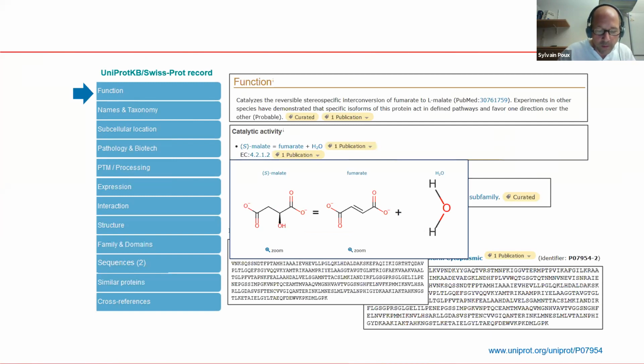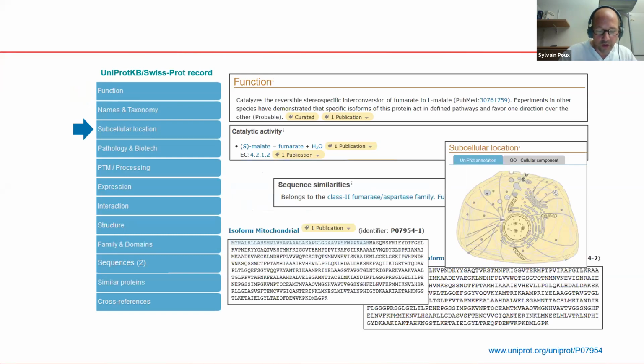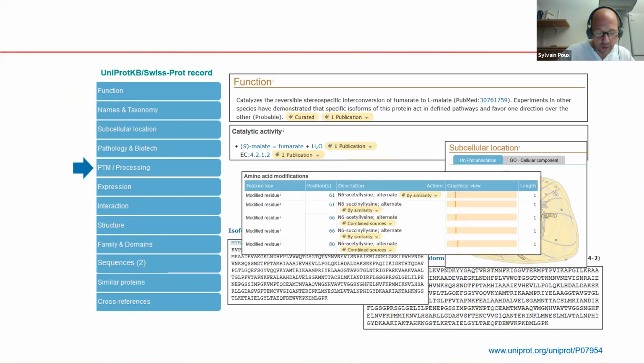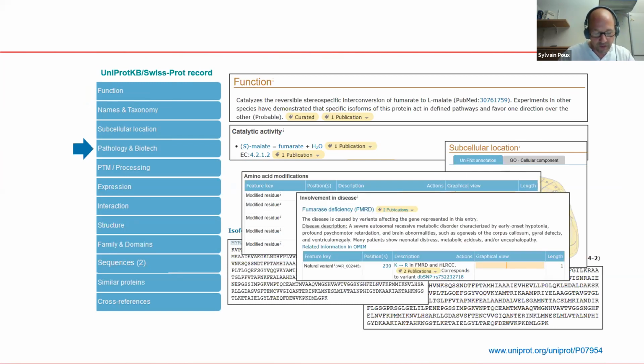We use Rhea, a comprehensive expert-curated knowledge base of biochemical reactions that uses ChEBI ontology to describe reaction participants. We also have information on the subcellular location of a protein and many other aspects that describe a protein, such as post-translational modifications, PTM, involvement in genetic disease, etc.